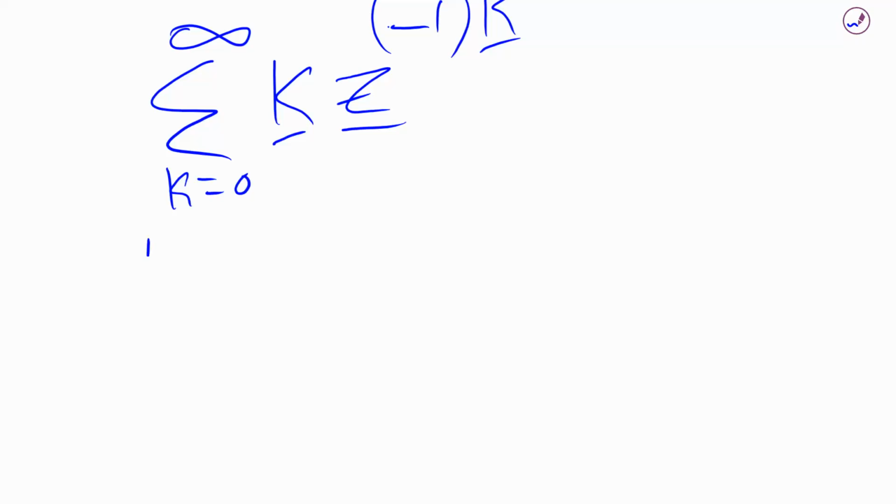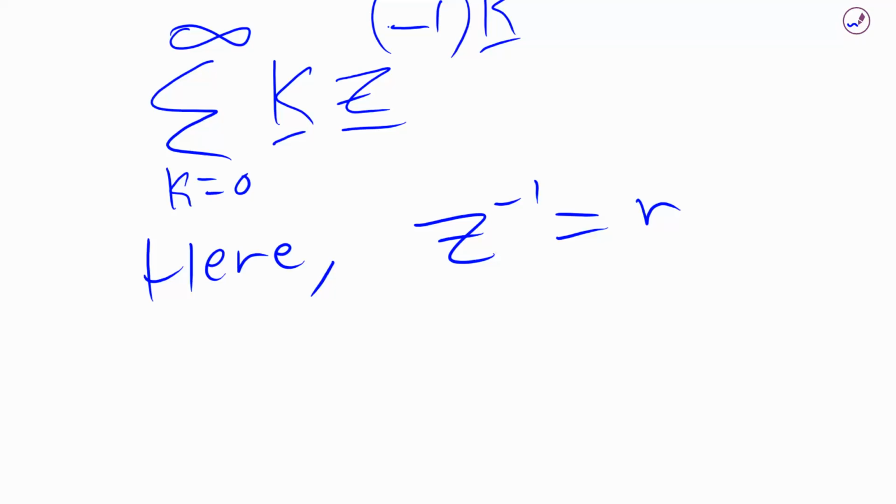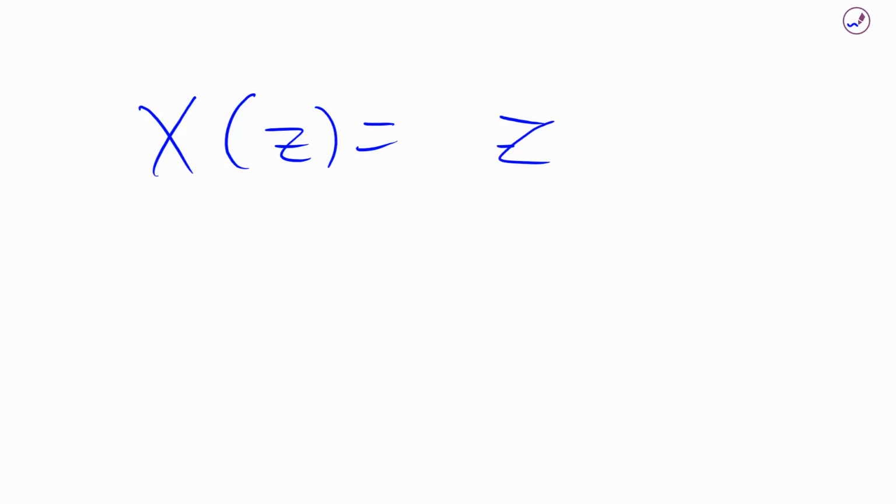So here, just to reiterate, to make it a little more clear, this is going to equal r, k is going to equal n. So then we can plug it into our geometric series, and we say that x of z is equal to z to the negative 1. So this is our r on top, and then it's 1 minus r, the whole thing squared, and then the r in this case is going to be z to the negative 1 again, the whole thing squared.